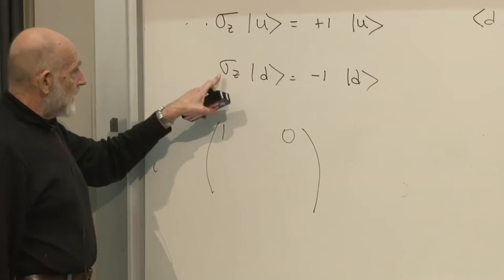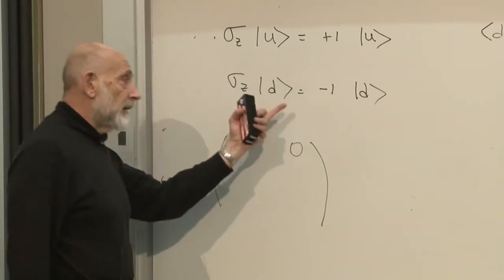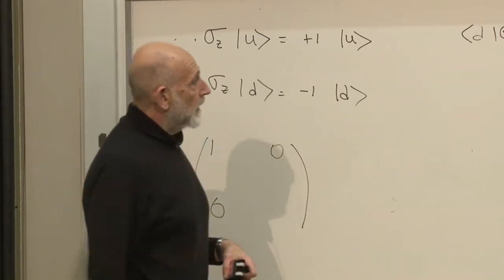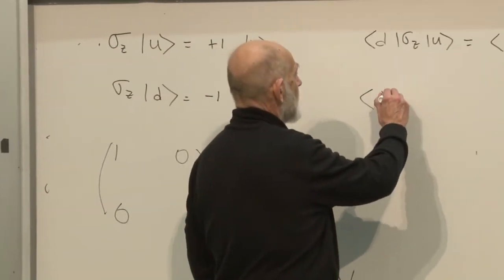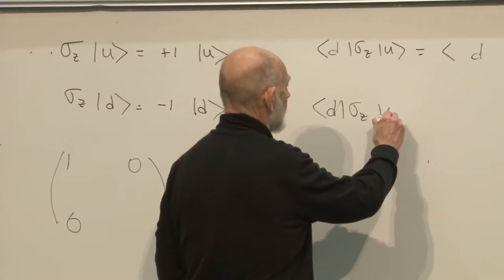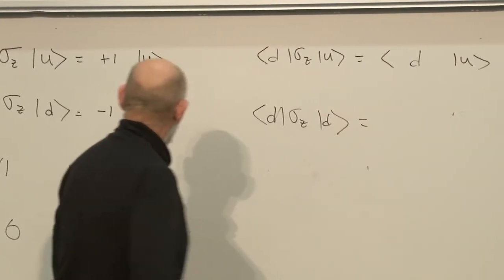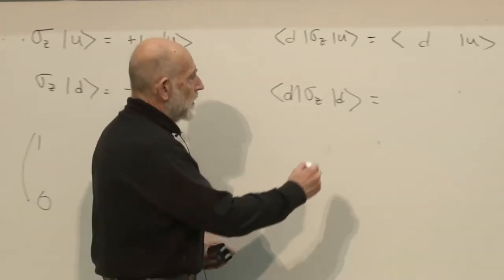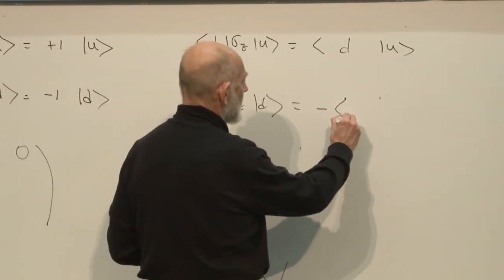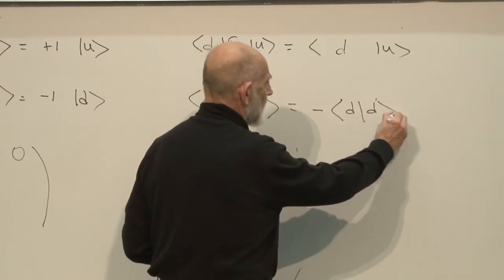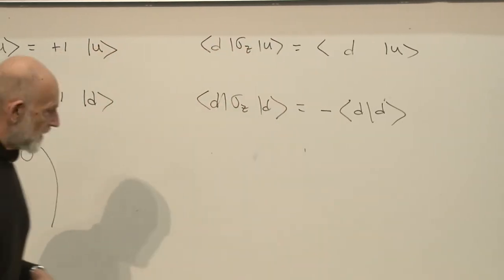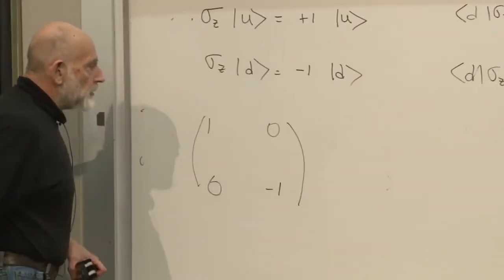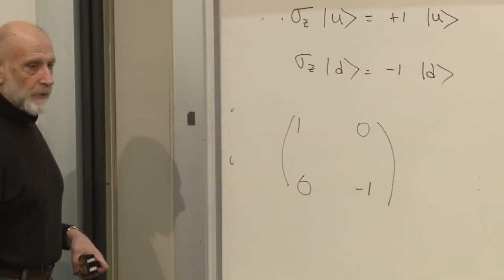Let sigma z act on down, and then take its overlap with up, and I would get 0 again. And the last one is down sigma z down. What is that? Sigma z times down is minus down. So this is just equal to minus down, down. And what's that? Minus 1. So this is the matrix that's associated with sigma z.